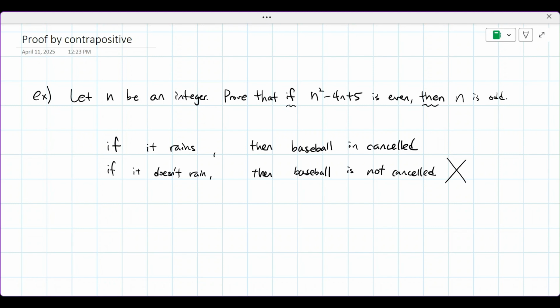Instead, what we need to do is change it the other way. We're going to find the negation of each part, and we're also going to switch the A and B clauses. So instead of saying if it doesn't rain, then the baseball is not canceled, we're going to say that if baseball is not canceled, then it doesn't rain.